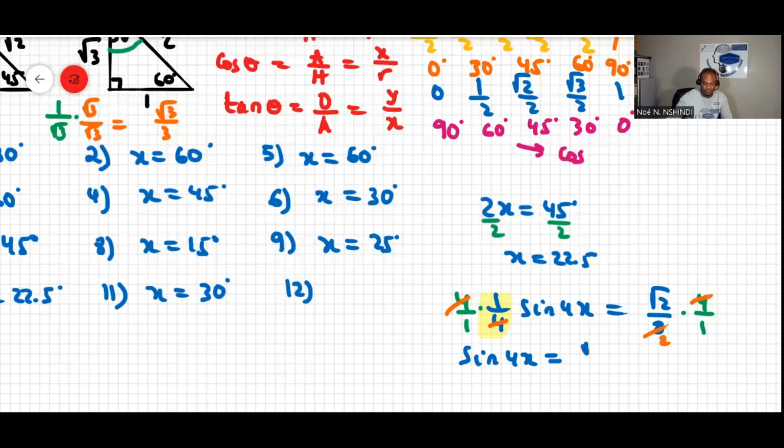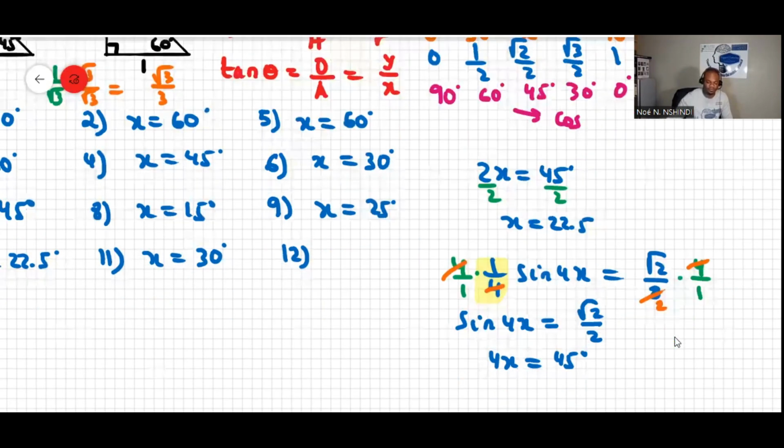So that's going to be equal to root 2 over 2. Now, we know for sine, root 2 over 2 is 45 degrees. So that makes 4x equal to 45 degrees. Sine of 45 degrees is equal to that.